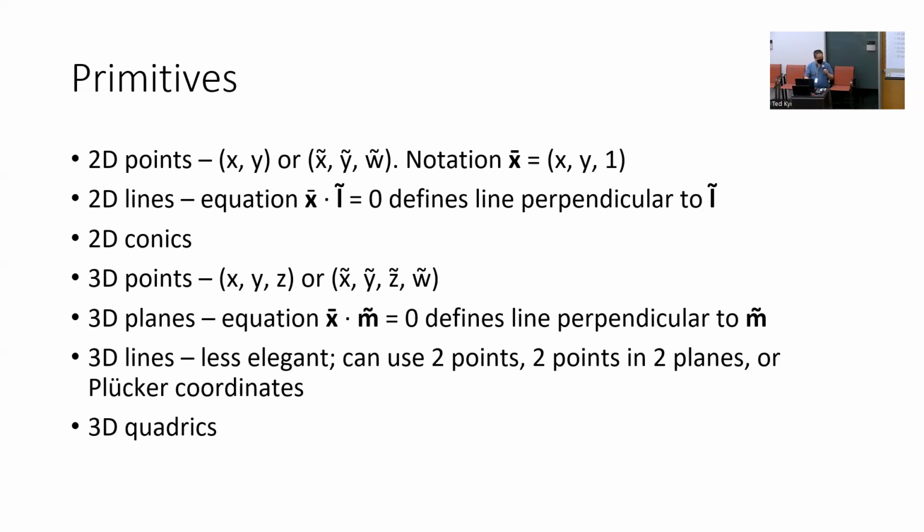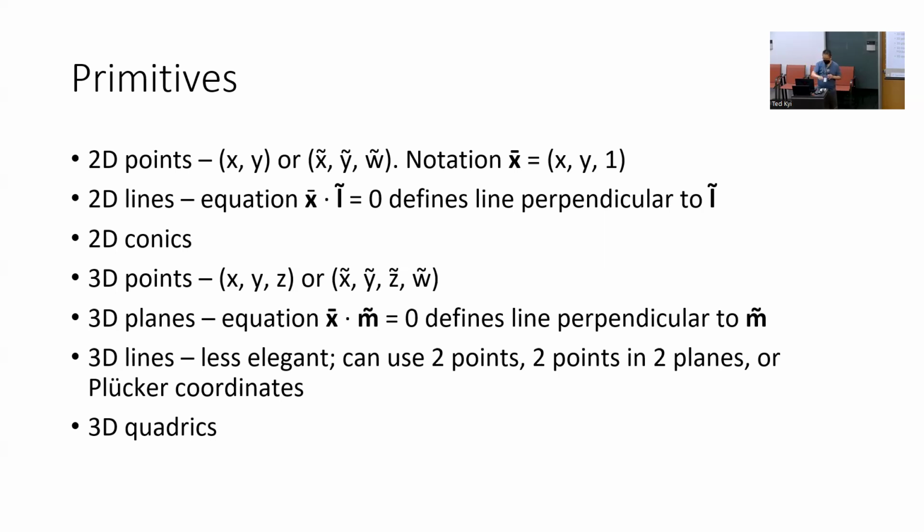When we go to 3D, which is mostly where we actually care in the real world, you have XYZ for your regular Euclidean coordinates, or you need 4 numbers if you're going into homogeneous coordinates. Now, if you take x bar and dot it with a vector in 3D, you don't get a line; you get a plane. This is the plane that is all perpendicular to that particular vector. That's the normal vector that defines, like if you have a sheet of paper, the up direction.